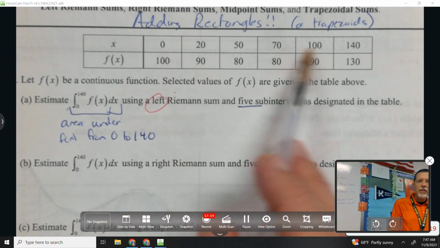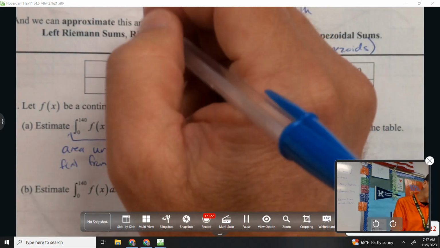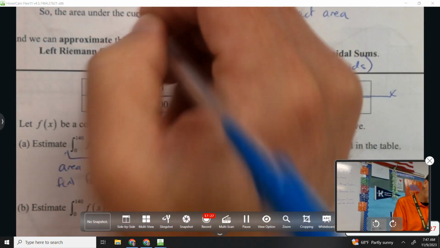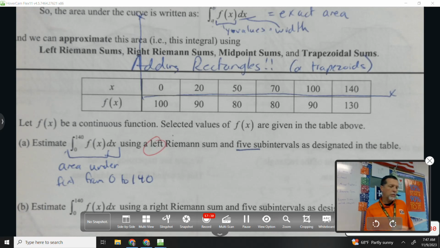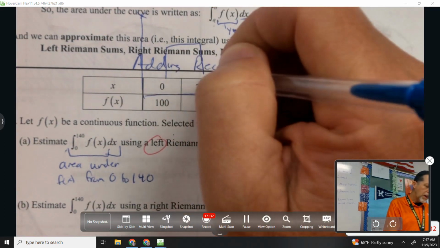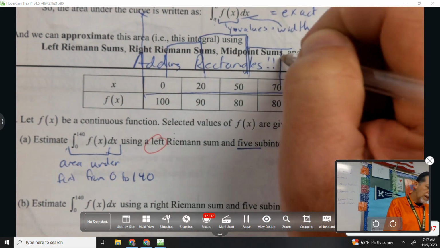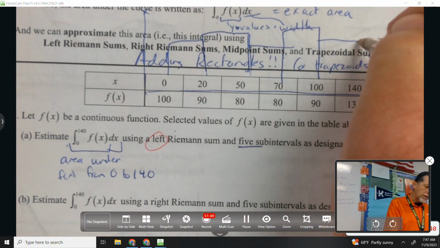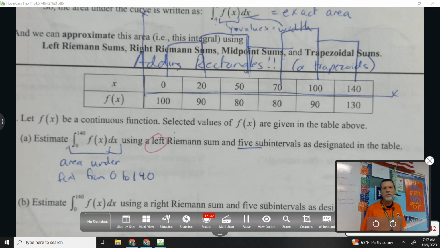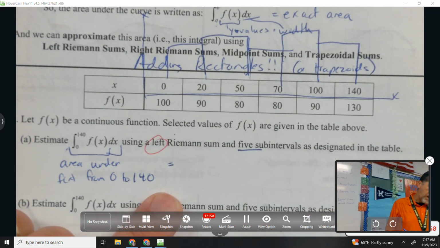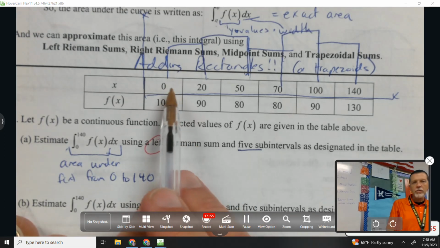Here are my x values. You can almost view this as my xy axis. I've got a rectangle going from 0 to 20, a rectangle from 20 to 50, from 50 to 70, 70 to 100, and 100 to 140. I don't really know how tall those are, but it doesn't matter. So I'm going to add up the rectangles. Here's my first rectangle going from 0 to 20.